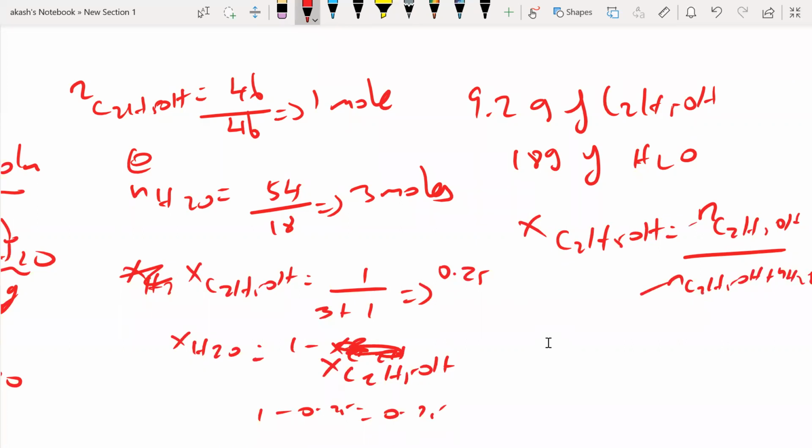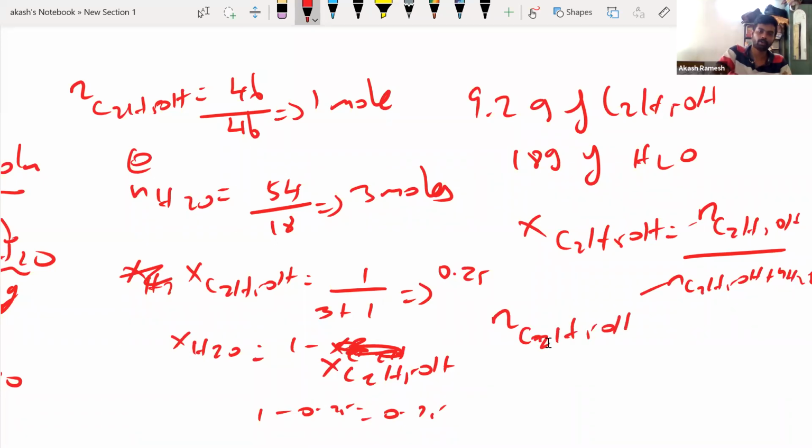Fine. So now first I can calculate number of moles of C2H5OH, which would be given mass by molecular mass. Given mass is 9.2, molecular mass is 46. So this is 0.2 moles.